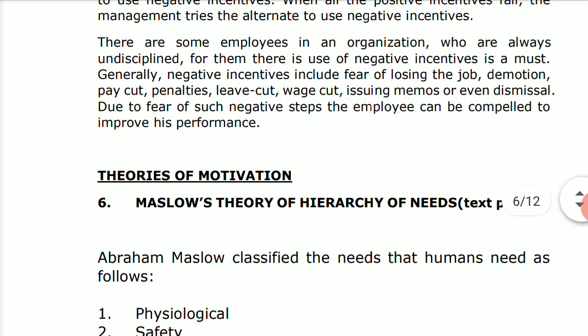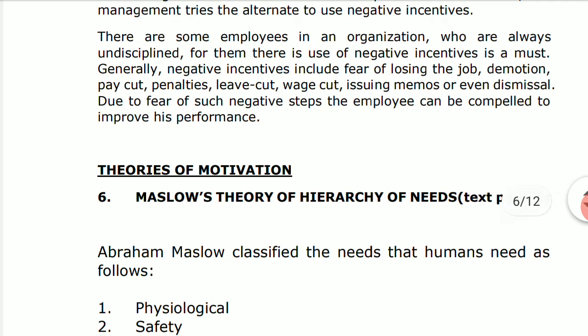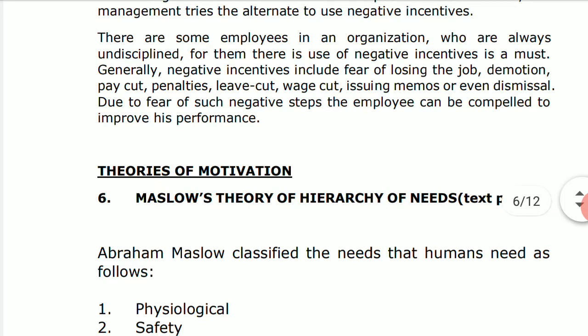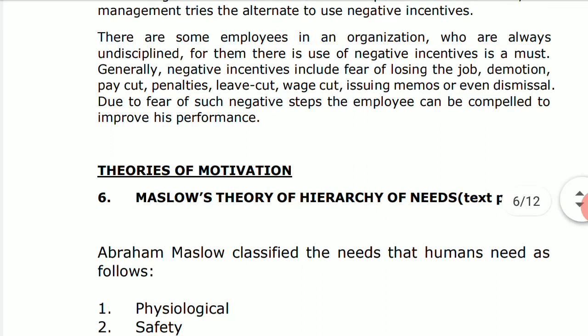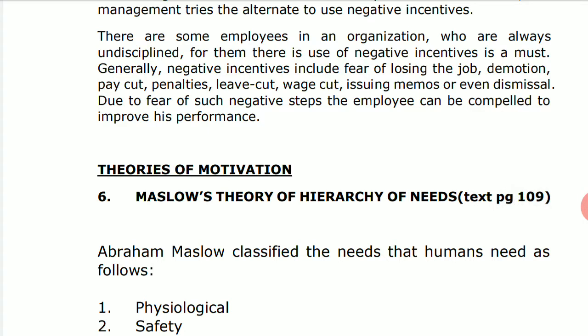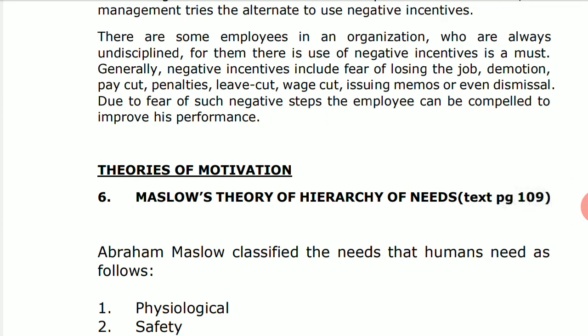There are some employees in the organization who are always undisciplined, right? For them there is such use of negative incentives, and that becomes even compulsory. Generally a negative incentive includes the fear of losing the job, like demotion, pay cuts, penalties, leave cut, wage cut, issuing memos, or even dismissal.